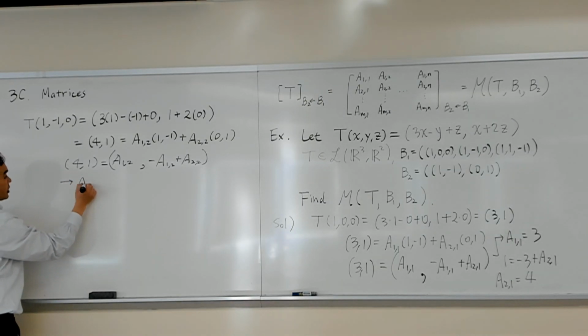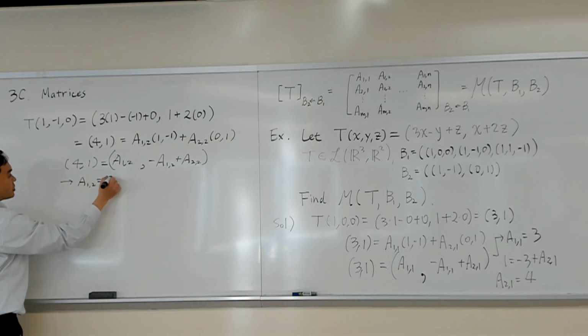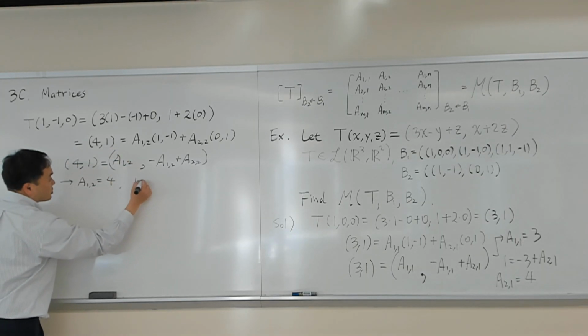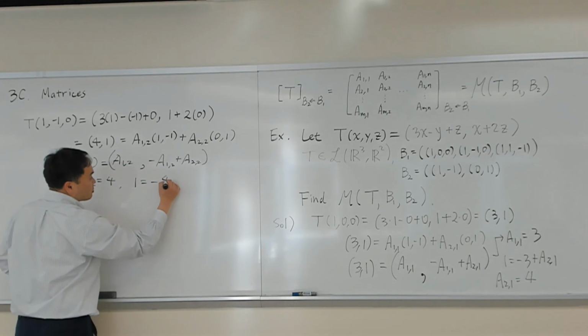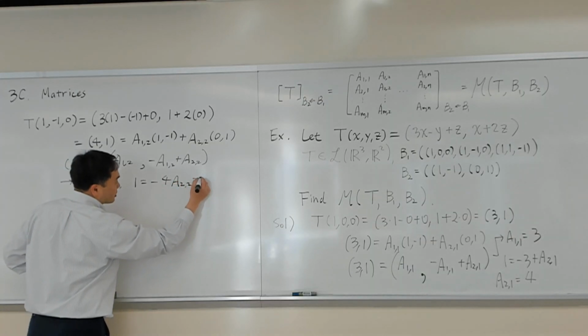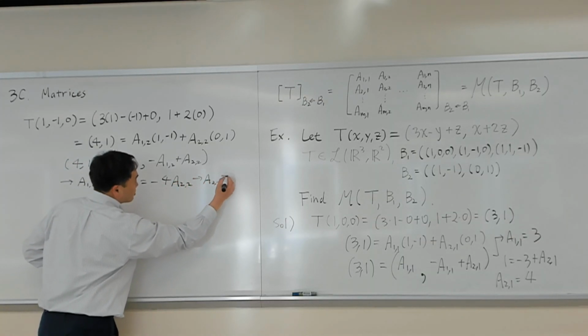That tells us that A12 is 4, the first coordinate should match, and then 1 is equal to negative 4 plus A22, so that A22 is 5.